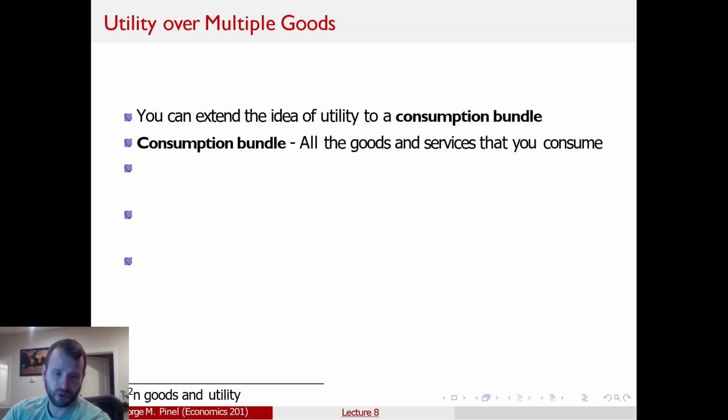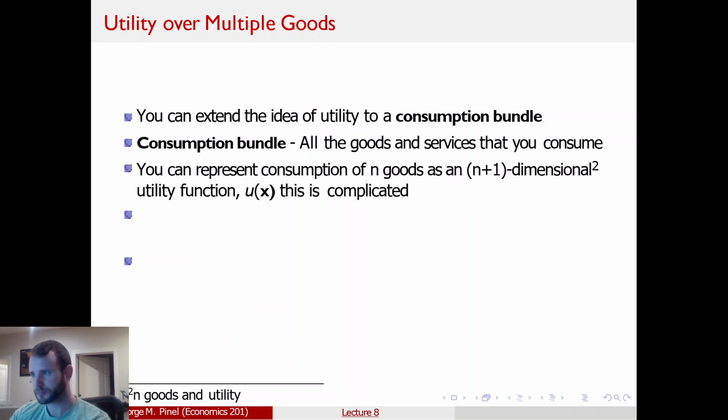So a consumption bundle is just a bundle of a bunch of things that you consume, okay? And you can represent them as an n+1 dimensional utility function, okay? So U of x could be your utility from the consumption bundle x.